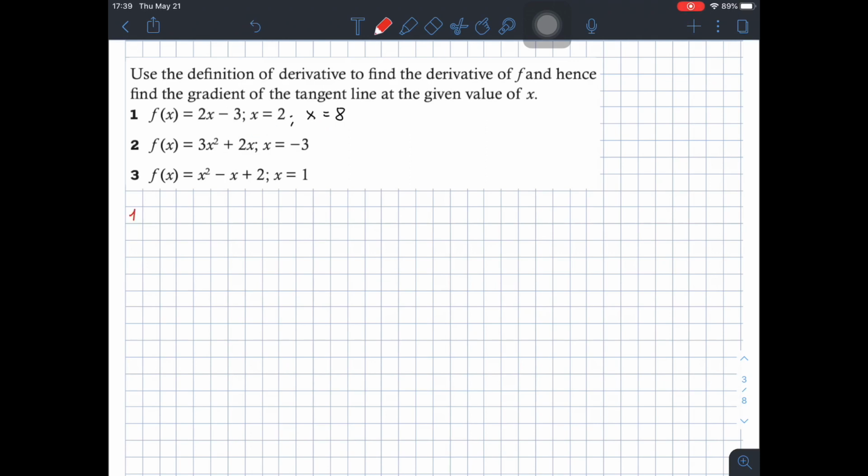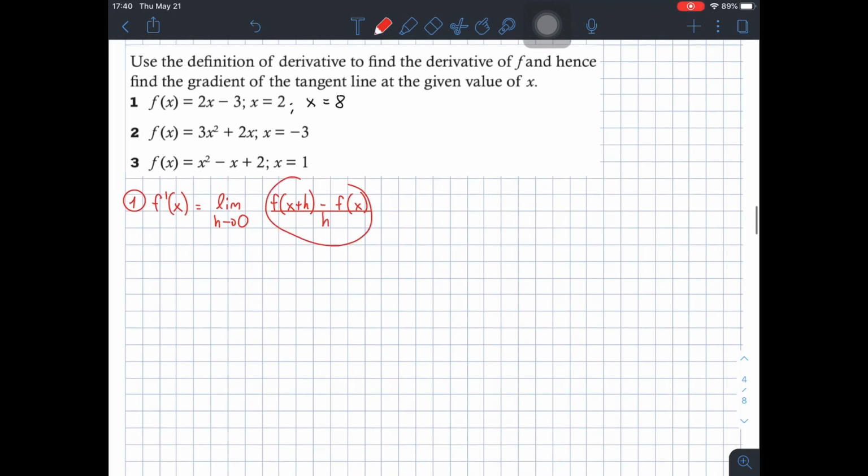For number 1, we're going to apply the same concept. We know that f prime of x, the derivative of f, is equal to the limit when h approaches 0 of f of x plus h minus f of x divided by h. Let's identify the different terms we have here.